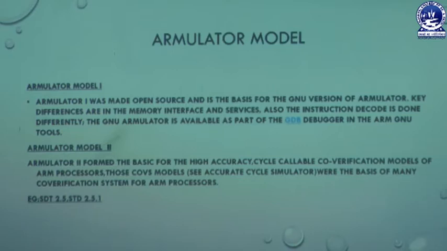The first armulator model was made open source and is the basis for the GNU version of armulators. The main key differences are in the memory interface and services, and the instruction decode is also done very differently. The GNU armulator is available as a part of GDB debuggers in the ARM GNU tools.